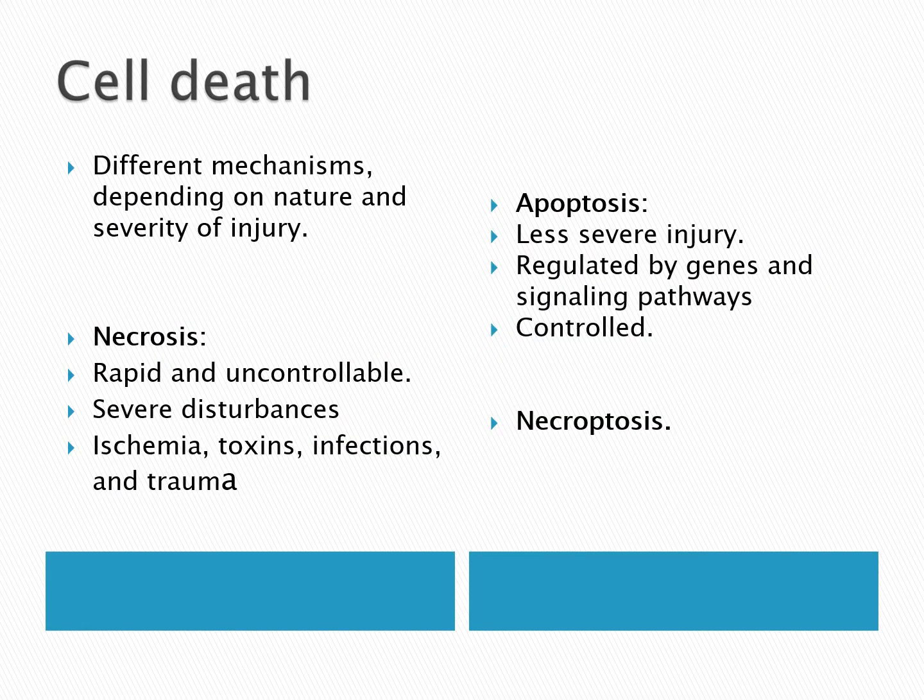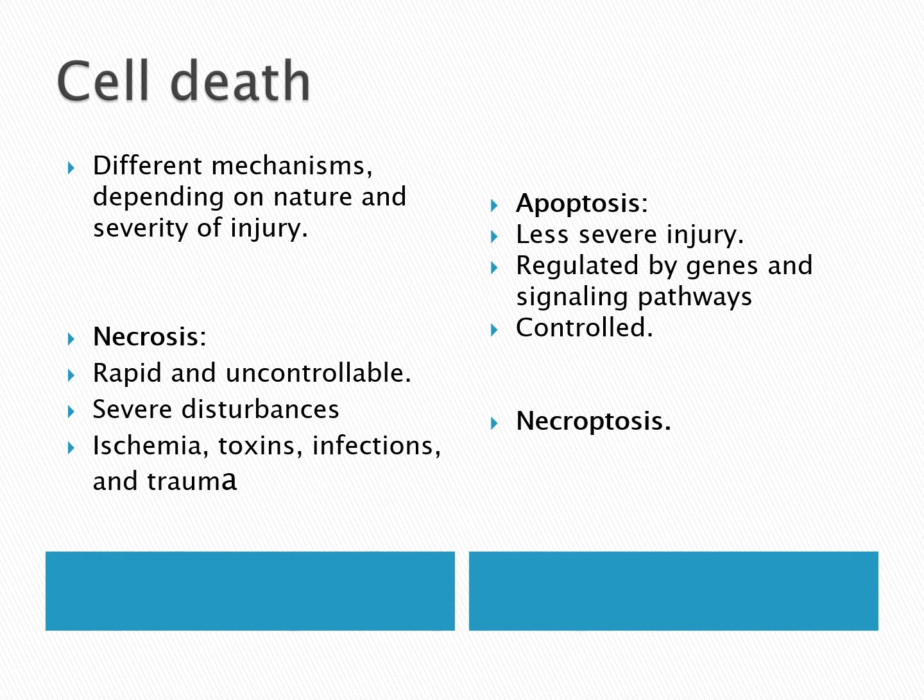So after discussing the two types of cell injury, reversible and irreversible, it is important to remind you again that cell death can happen by two different mechanisms depending on the nature and the severity of the injury. We have the necrosis type of cell death and the apoptosis type of cell death.